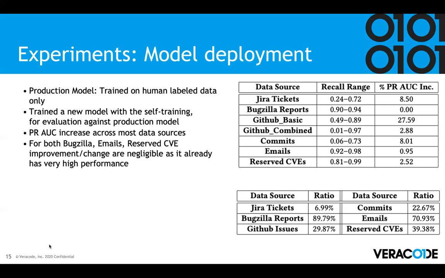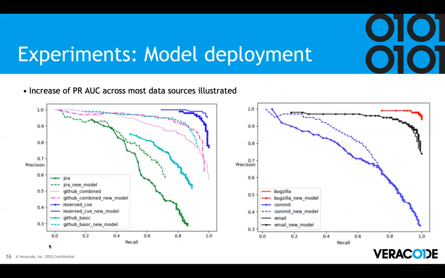For data sources such as Bugzilla, emails and reserved CVEs, the improvement is negligible as they already had very high PR AUC values. So for those, we were not able to get a very high increase. But still, overall, all the new models based on self-training tend to perform better than the previous models, even if by a small amount.